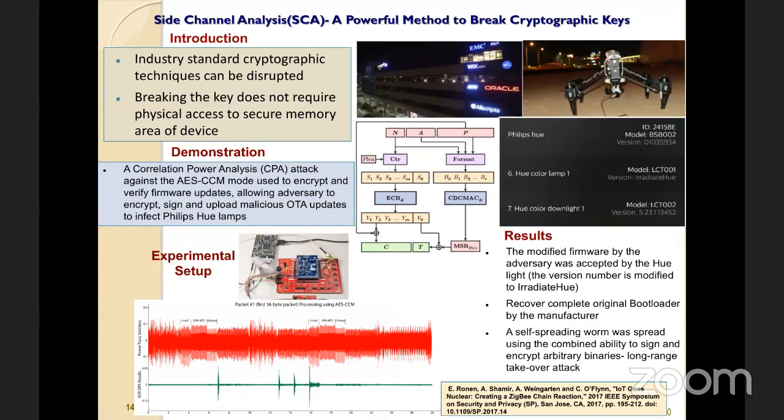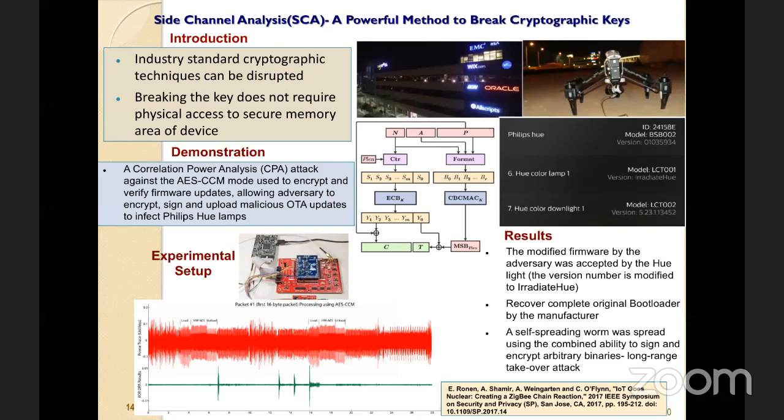Once you recover it, you can update the bulb's firmware with the proximity check bypassed.